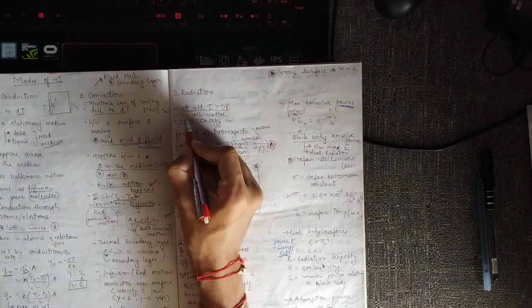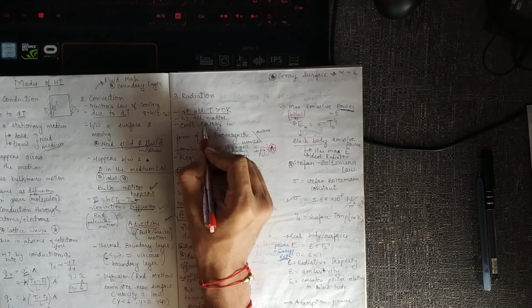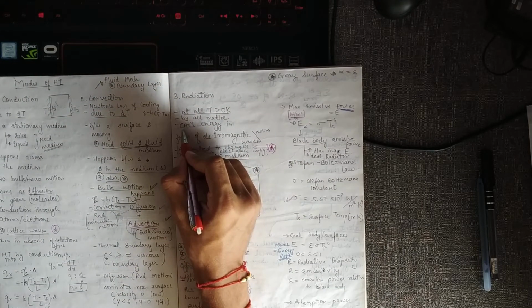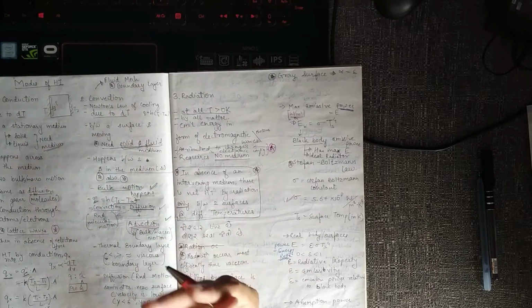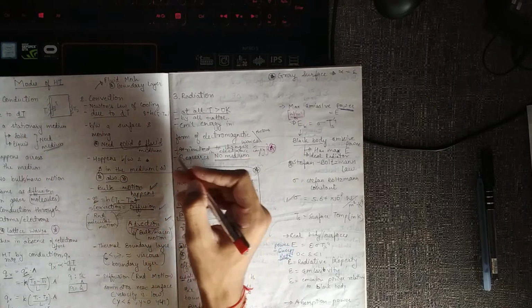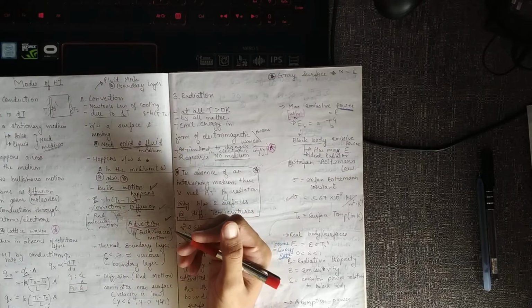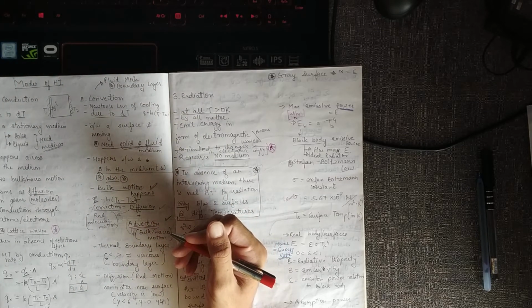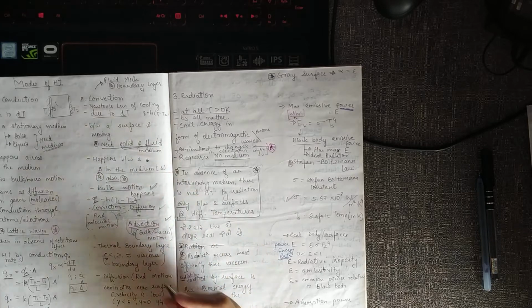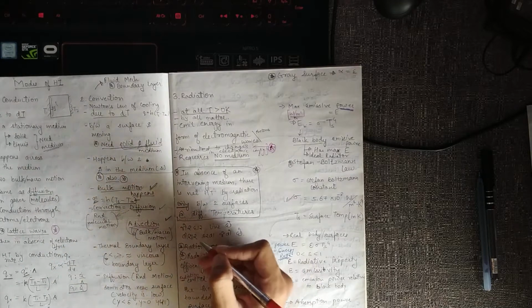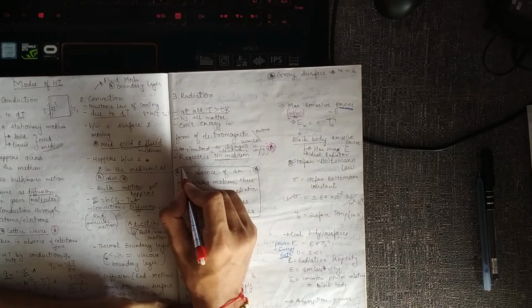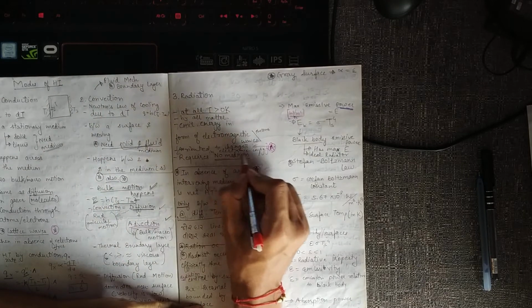The radiation, it happens in all matter, and it is the emission of thermal energy. Mostly the thermal radiations are in the part of the visible spectrum and the infrared. So these are attributed to changes in electronic configuration.